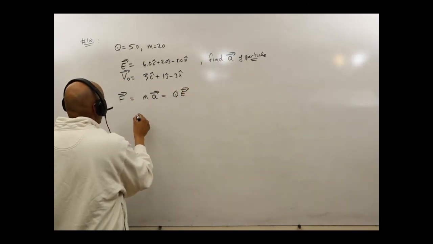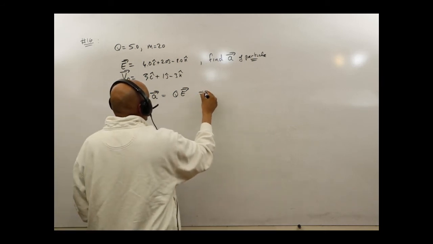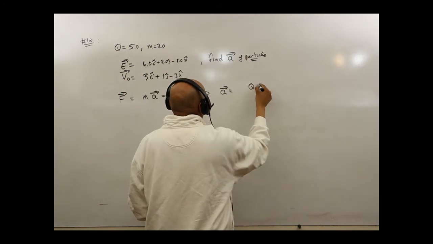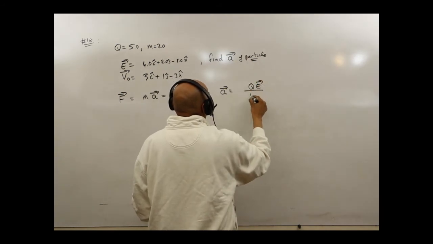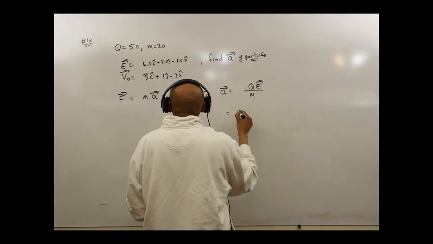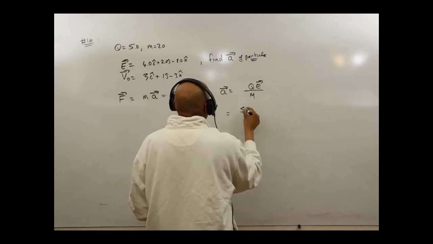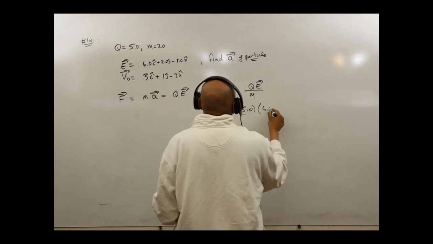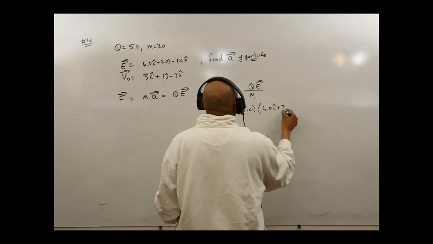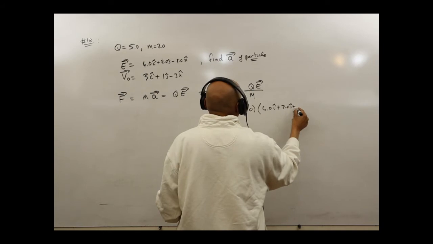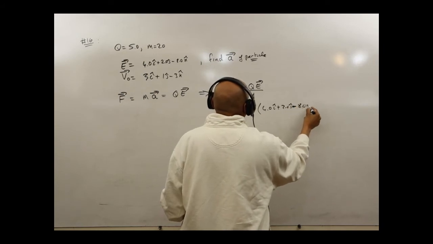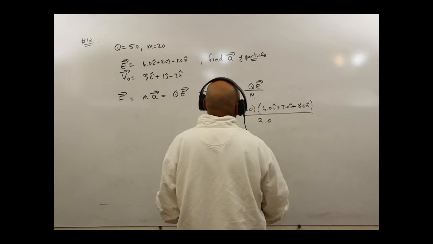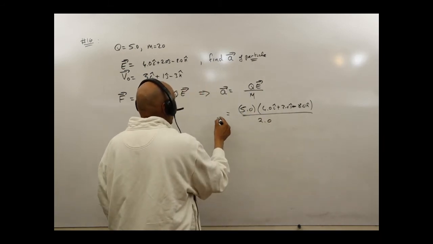So we can solve for the acceleration vector: Q times the electric field divided by the mass. In this case, Q is 5.0 times 4.0i plus 2.0j minus 8.0k, all divided by 2.0. Nice easy numbers.